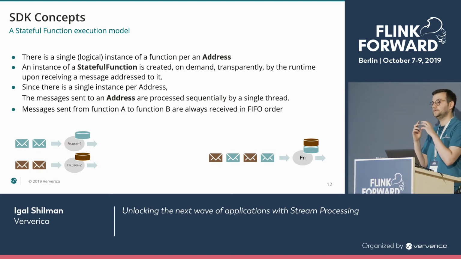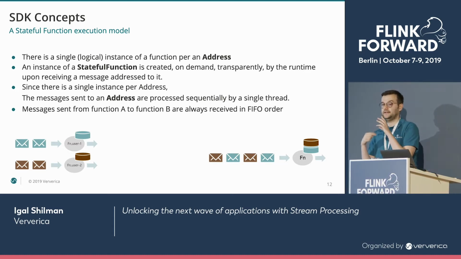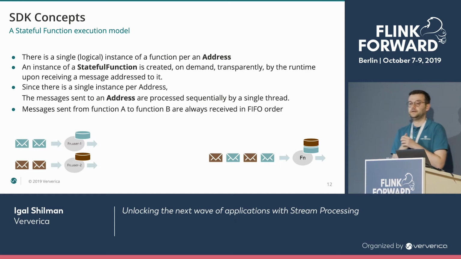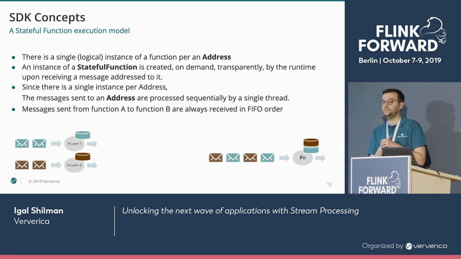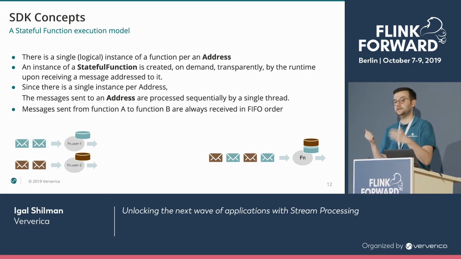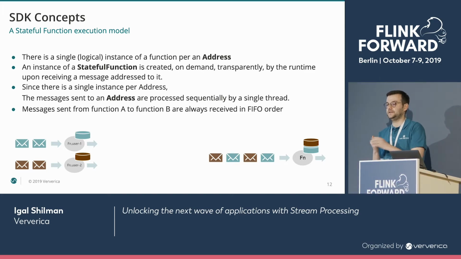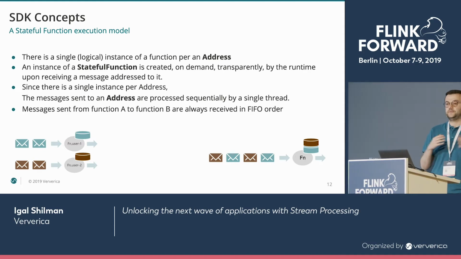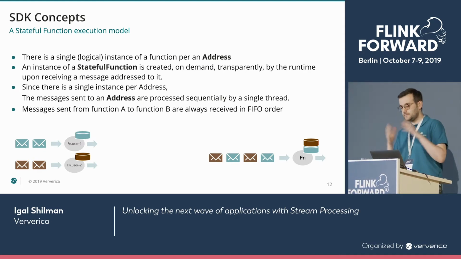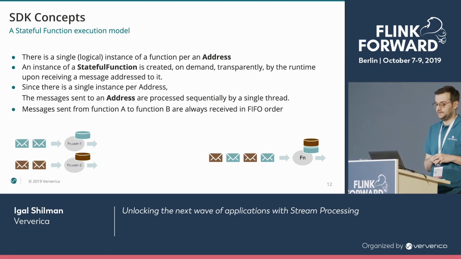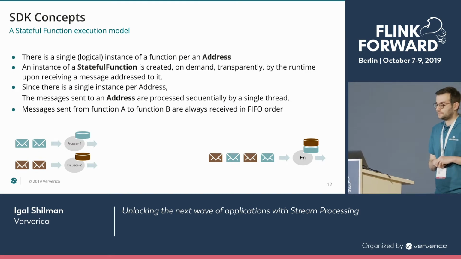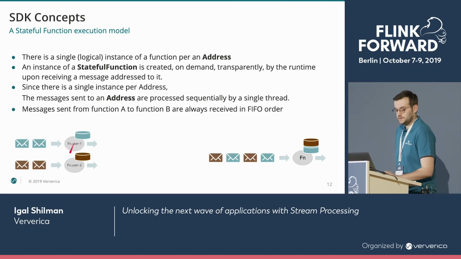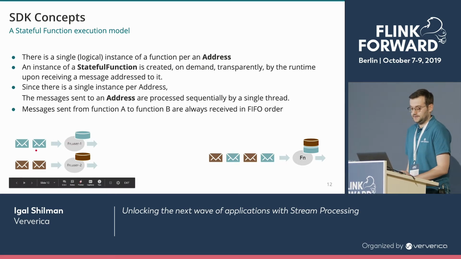But what we are basically doing is multiplexing state for each incoming message. You can think about it as, let's say, a process function. You don't have a new Java instance for every incoming message, right? You expect the state to be managed by the runtime. This is exactly what happens here. And you can look at the bottom, here's an illustration.